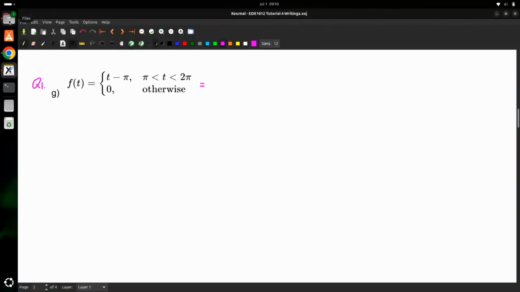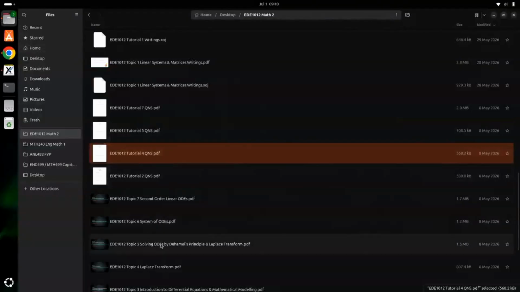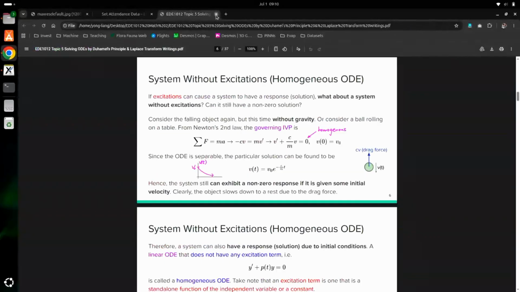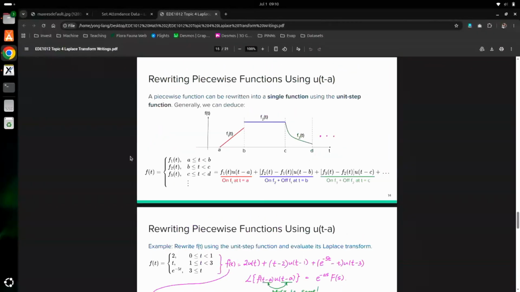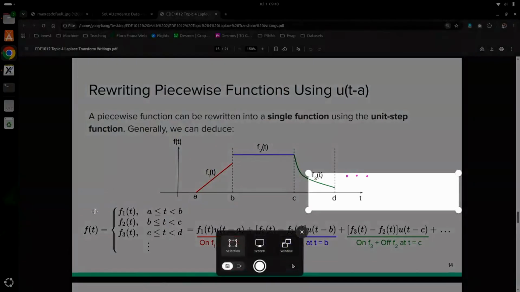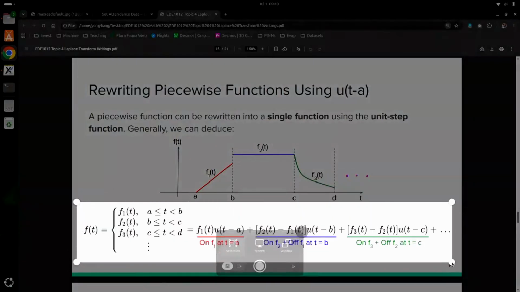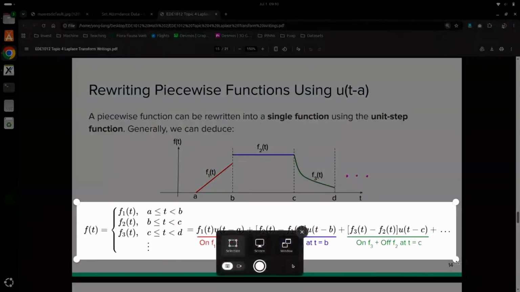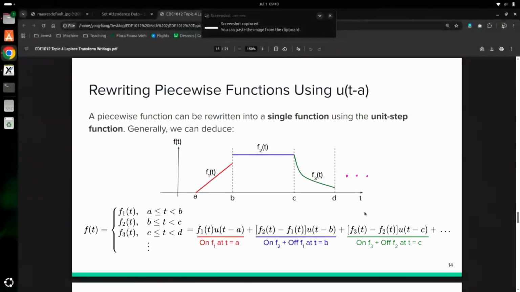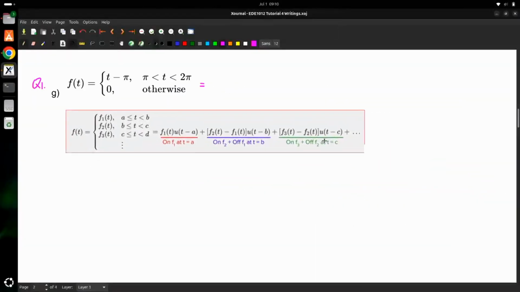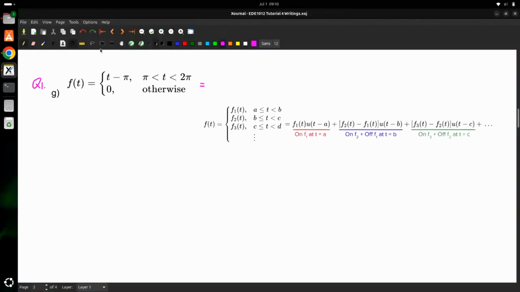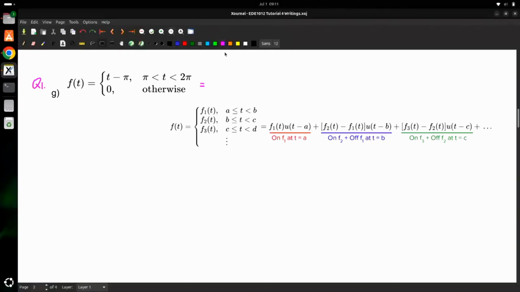If you recall what we have gone through in topic 4, you remember the turn on, turn off thing, which is demonstrated here. Therefore, this is the general expression that you will need to keep in mind. If you apply this concept here, then you'll be able to just write down the functions quite easily.